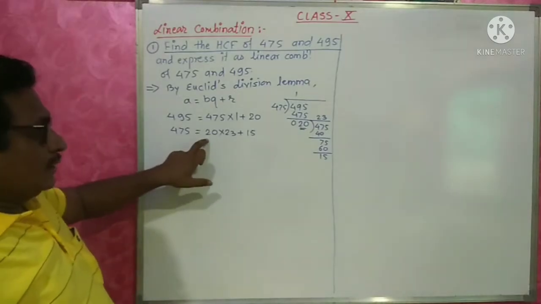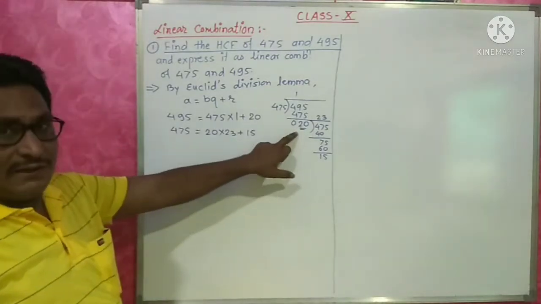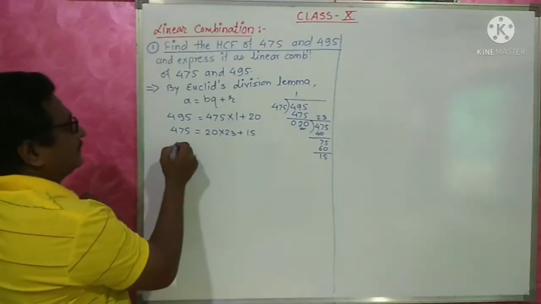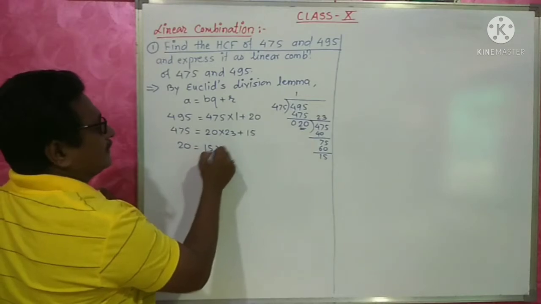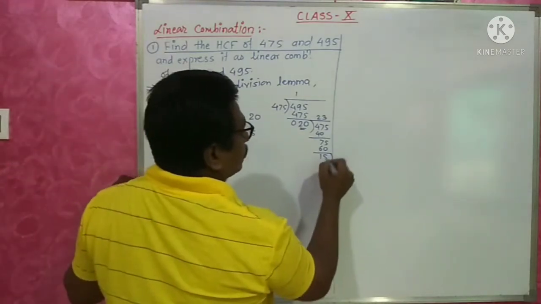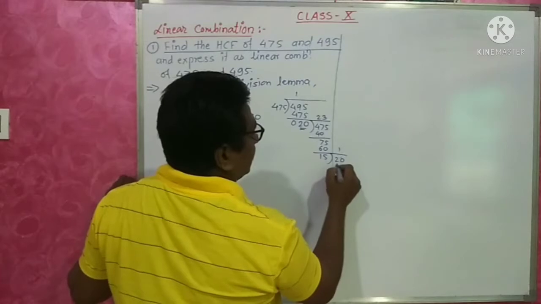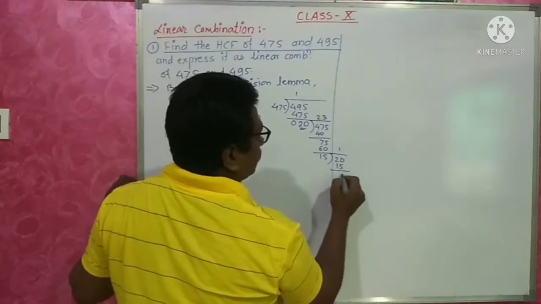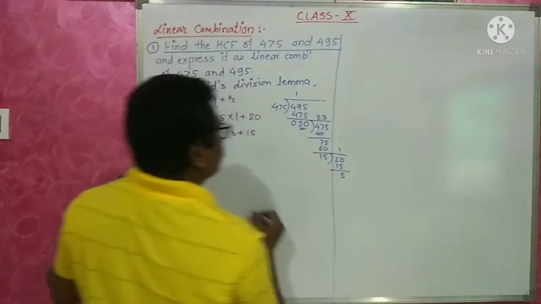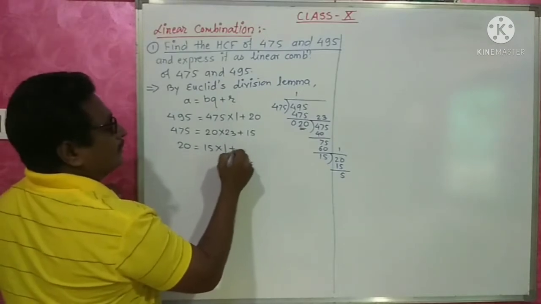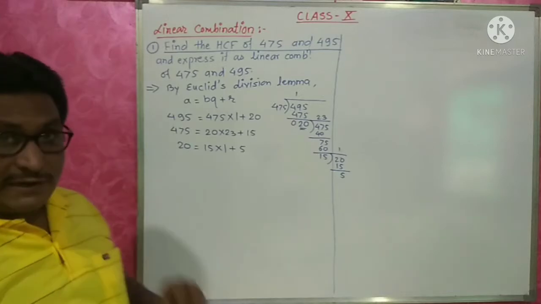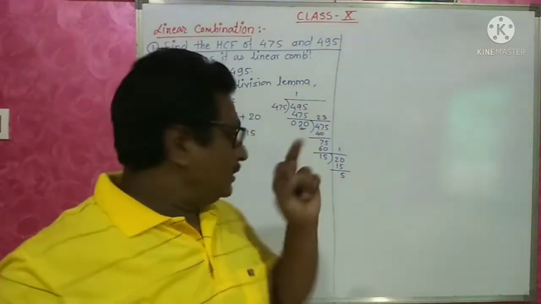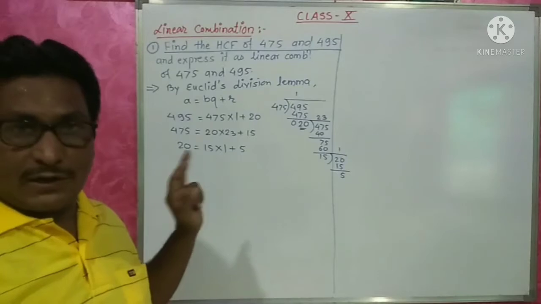Now 20 as dividend, 15 as divisor. So 20 equals 15 into 1 plus 5. Till we get the remainder 0, we have to continue.